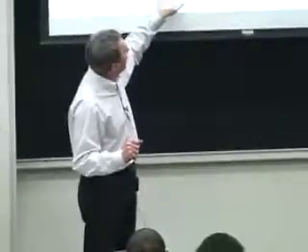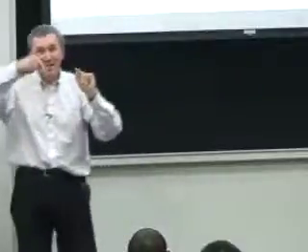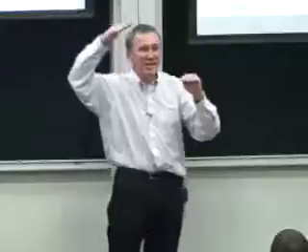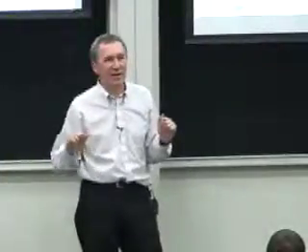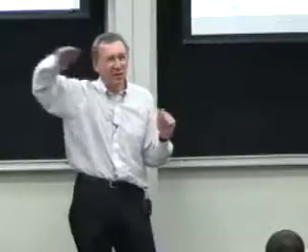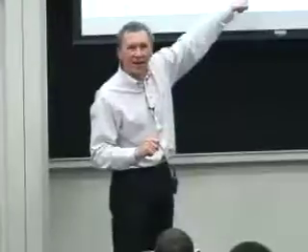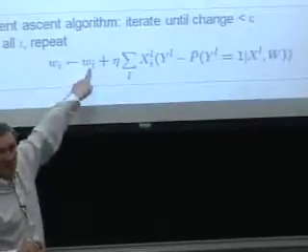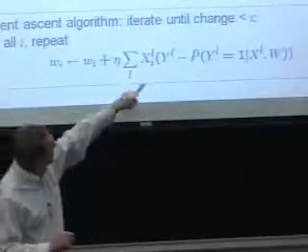And then we iteratively take gradient ascent steps, each time picking new values of W's that will increase the conditional data likelihood until we notice that we've maxed out. On each of those steps, here's the rule: replace W sub i by its new value, which is its old value plus this change. Let's look inside and see what that is.